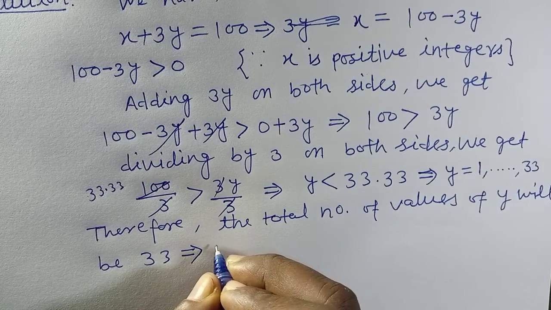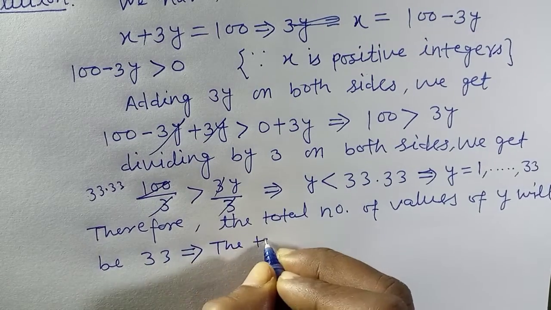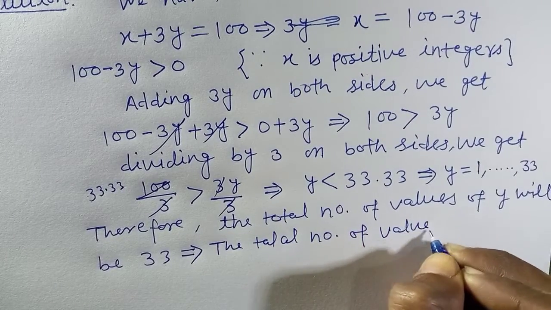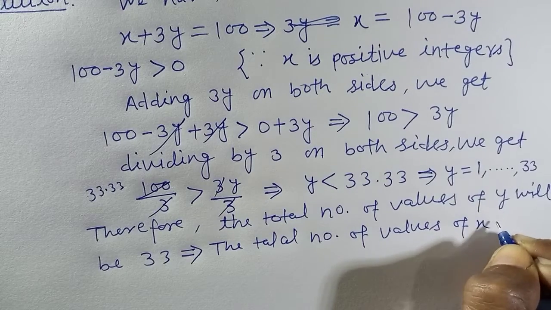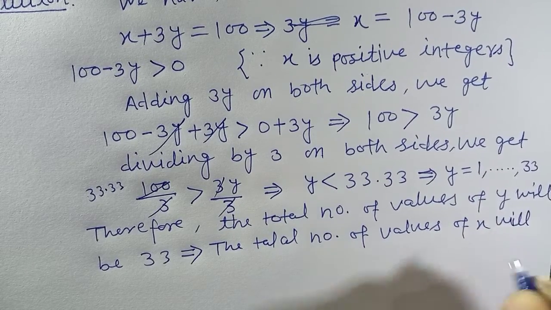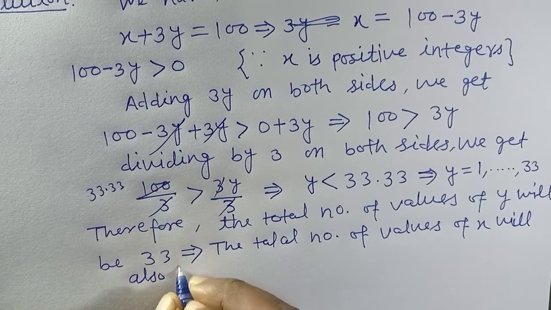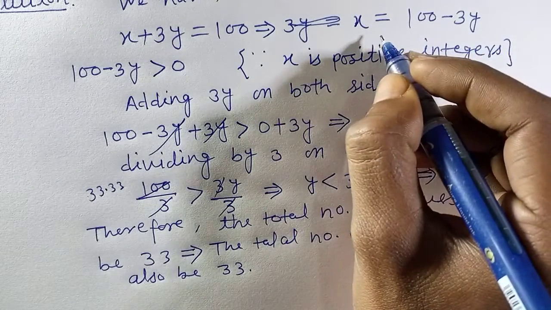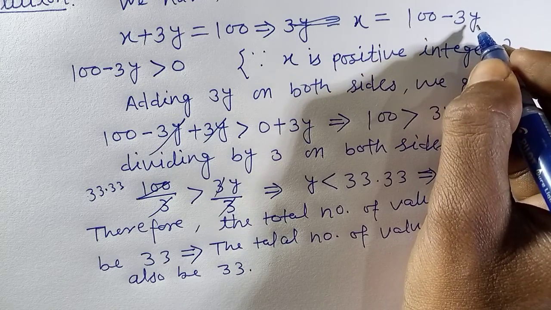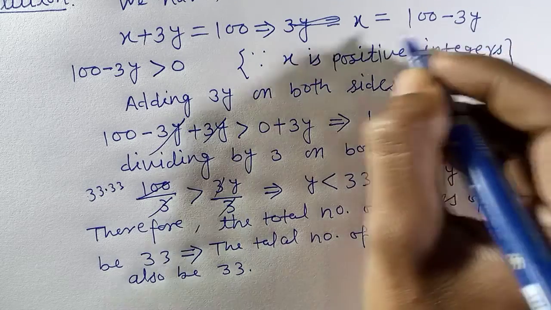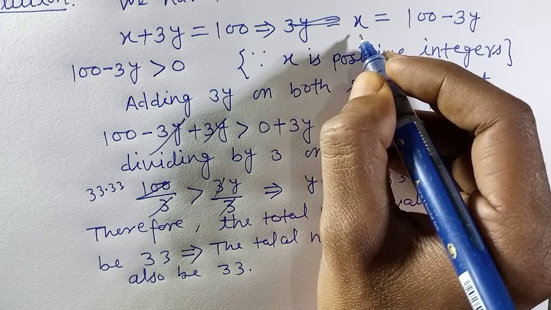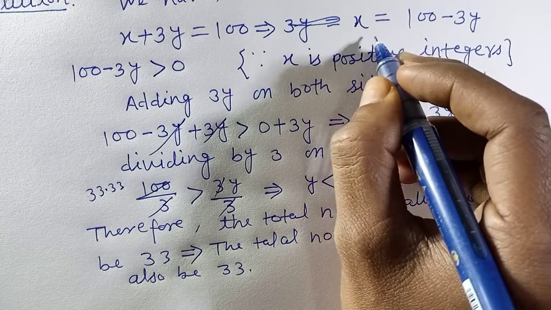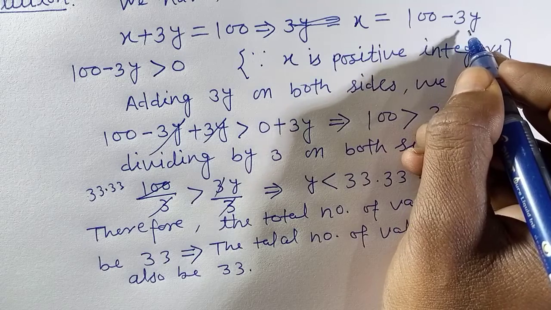which implies the total number of values of x will also be 33, because from this equation we can see that for each value of y we get one value of x, because x is the dependent variable here and y is the independent variable.